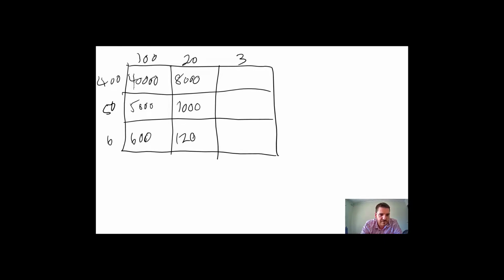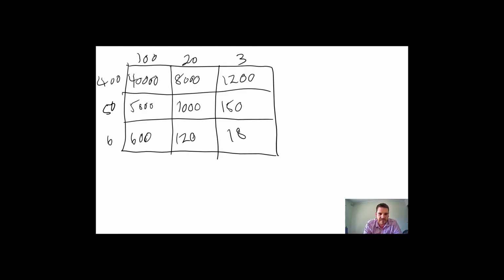Now I have 3 on the top and 400 on the left, so 3 times 4 is 12. There's 1, 2 zeros there. And then I have 3 on the top and 50 on the left, so 3 times 5 is 15, and then 1 zero. And I have 3 times 6 is 18, and there's no zeros there.